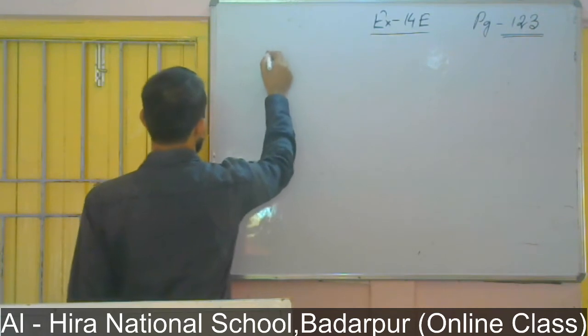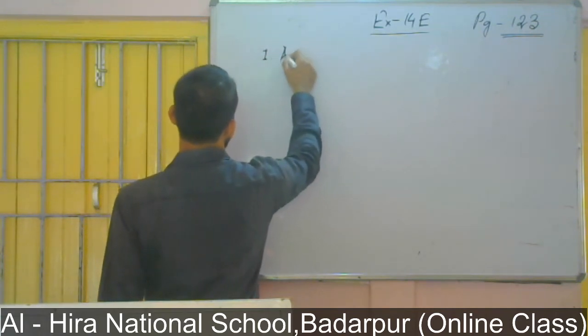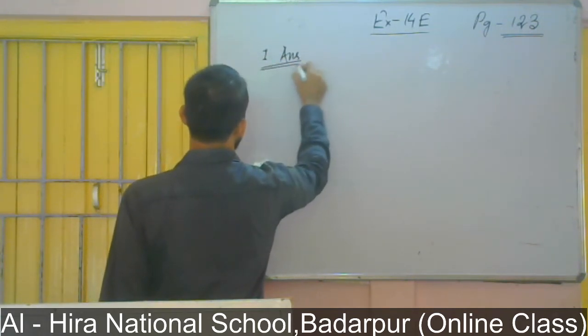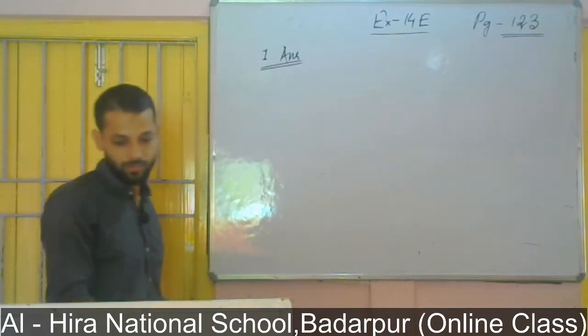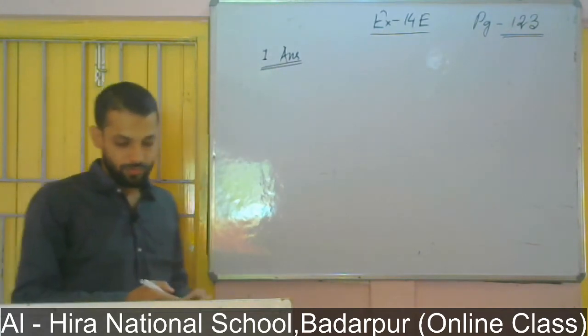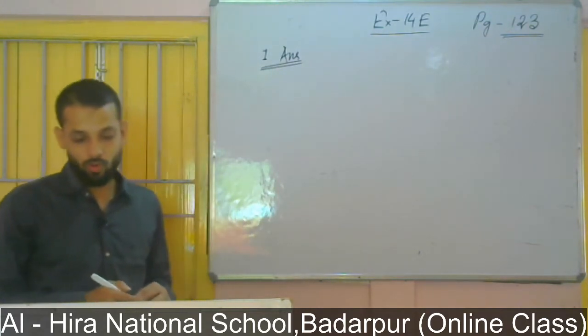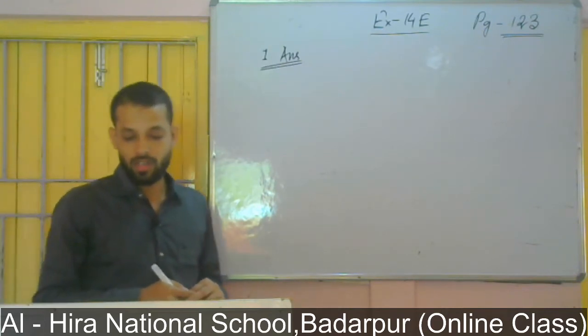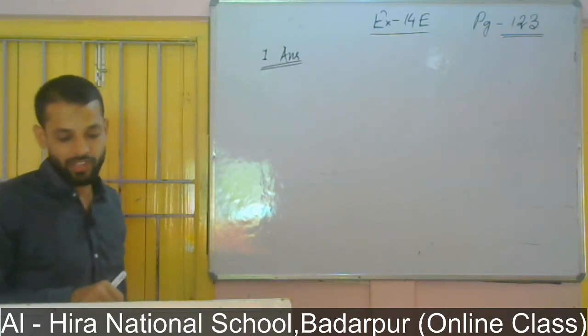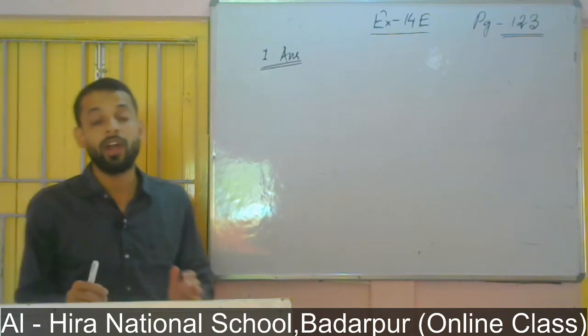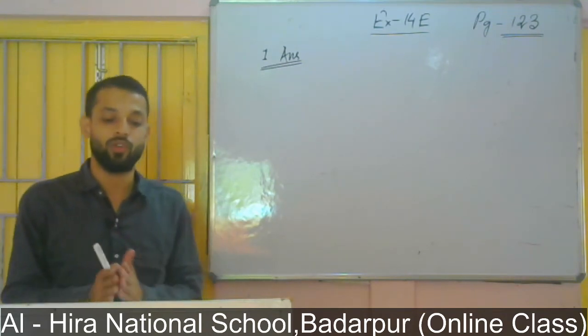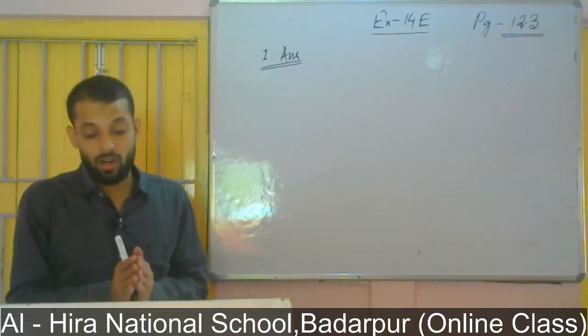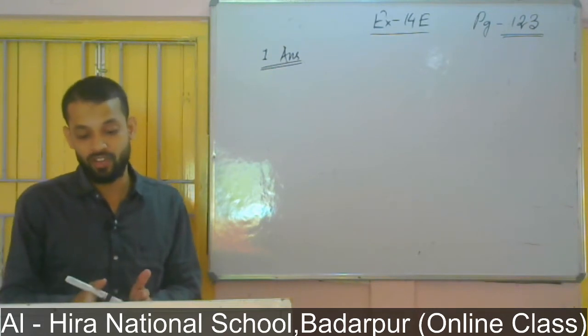Question number 1. What is given here? The price of tea is rupees 40.50, which we can write as 40 rupees and 50 paise.